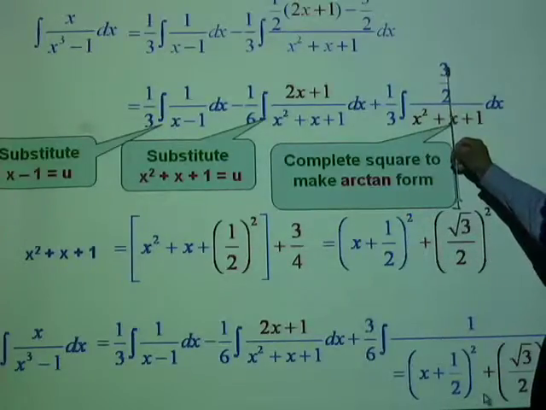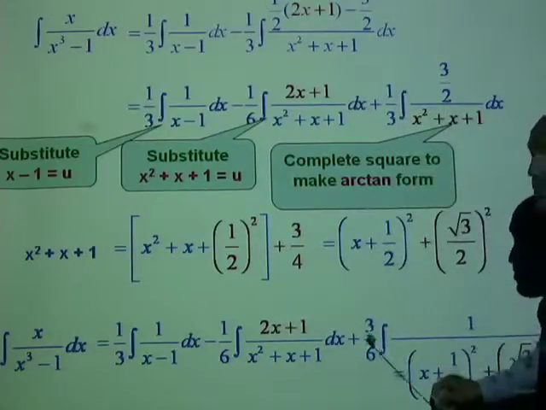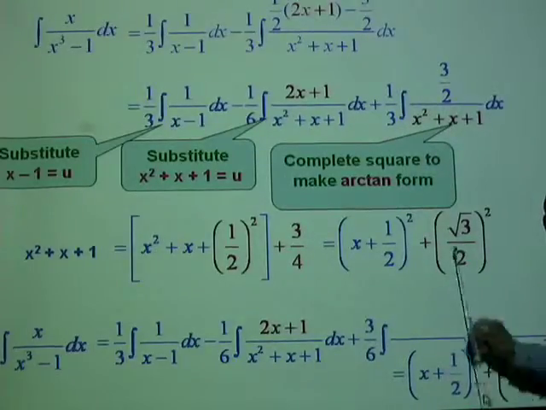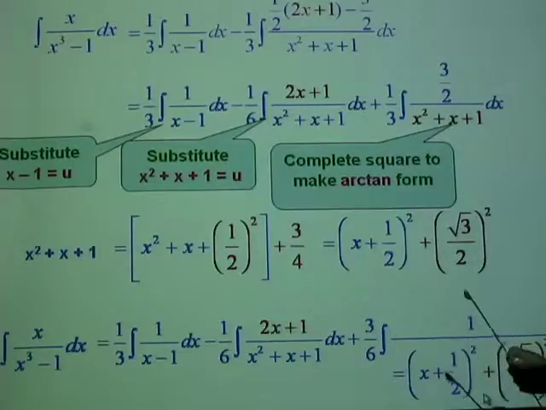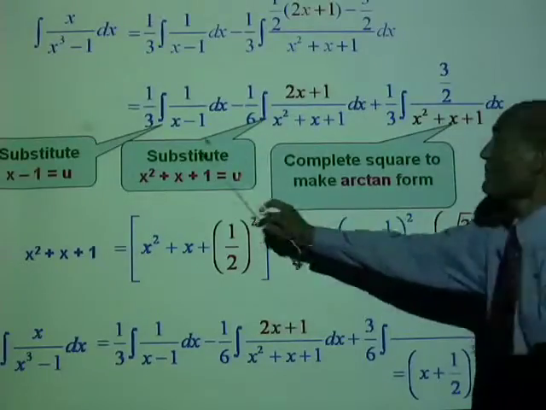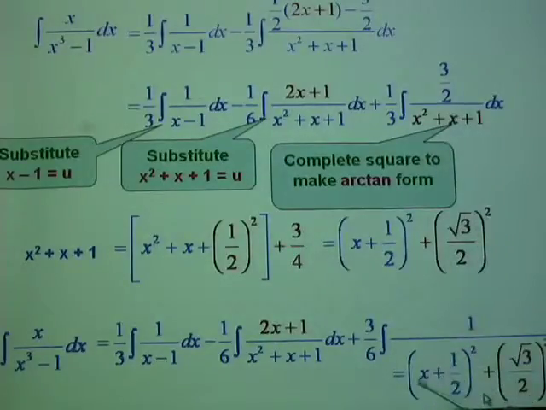I took out that 3 over 2 and I wrote the constant as 3 over 6. So the numerator now is 1 there, and the denominator is x plus 1/2 all squared plus square root 3 over 2 all squared. This is of the form u squared plus a squared. Now we can go and do these substitutions.